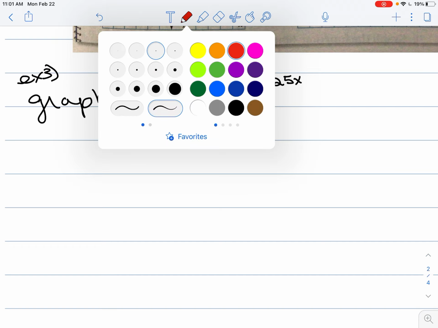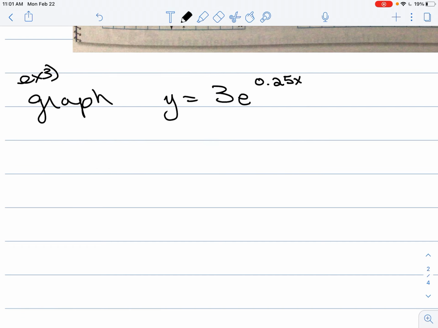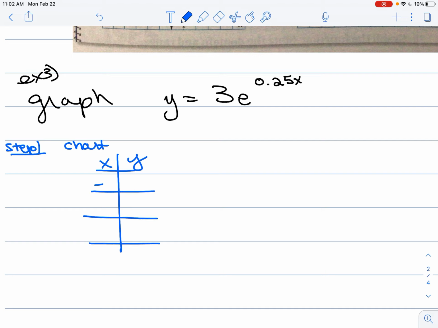Well, here's the thing. Just like before, we're going to use the same 3 steps. The first thing we're going to do is make our chart. We're going to plug in the same values we've been using, -1, 0, 1, and 2, and you're going to use your calculator.